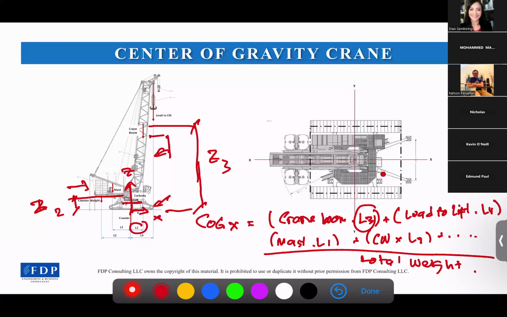Let's say the load is here, then the COG is here, and it will be Z4.